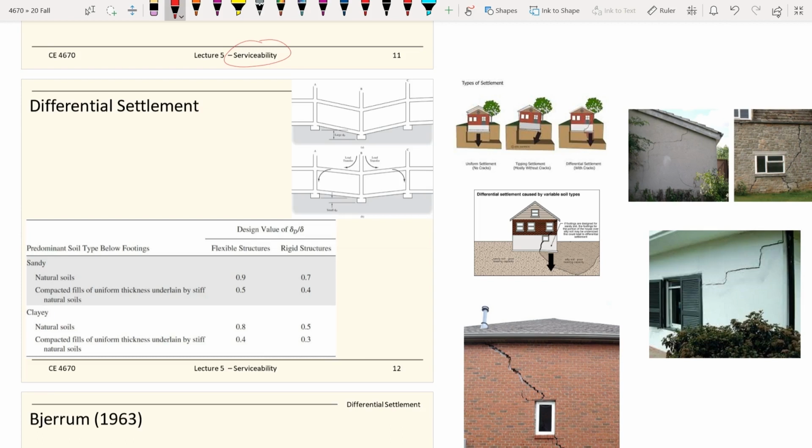So it is something you want to avoid at all costs. But anyways, what is differential settlement? It's just the settlement between two footings, the difference.